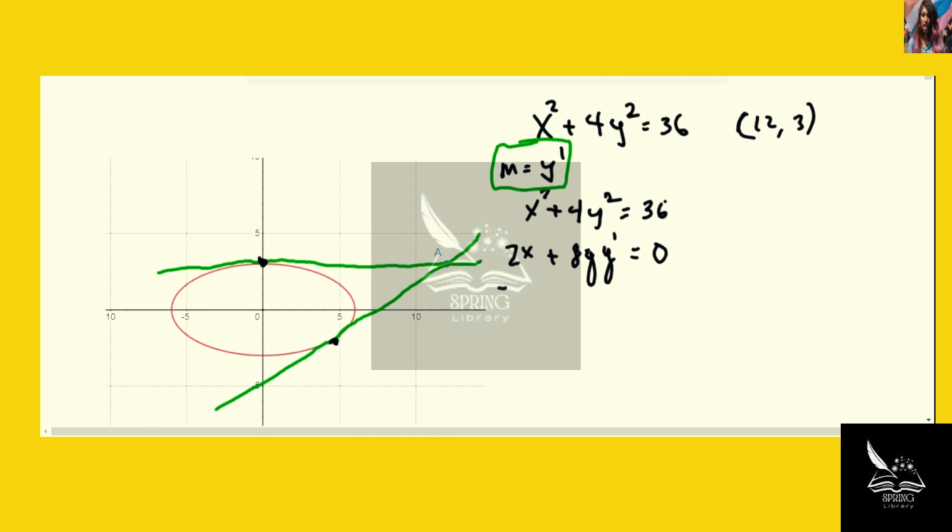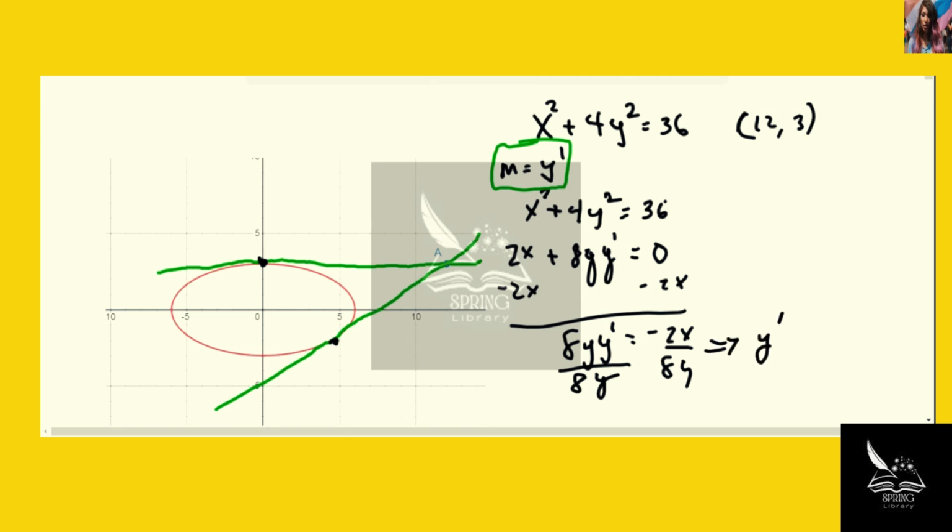The way we'll do that is we'll subtract 2x from both sides, and we get 8y prime equals negative 2x. Divide both sides by 8y, and we get y prime equal to negative x over 4y after we simplify, and I know that that's also the slope of the line.